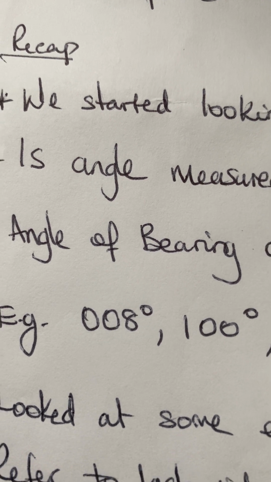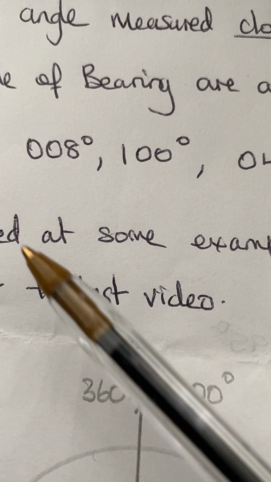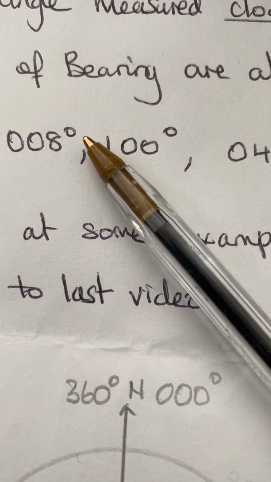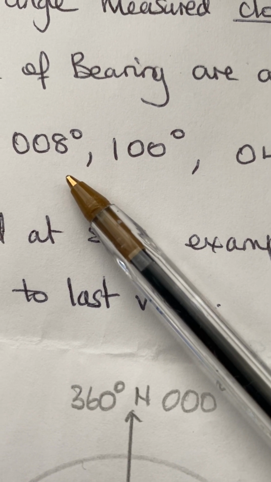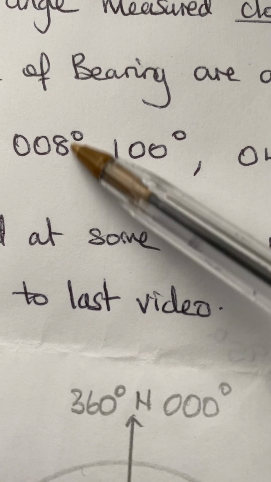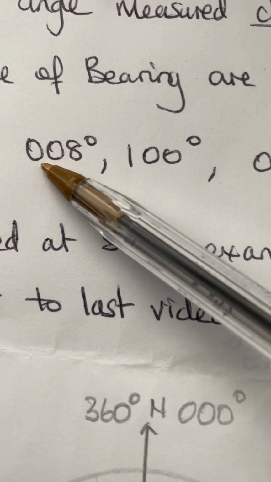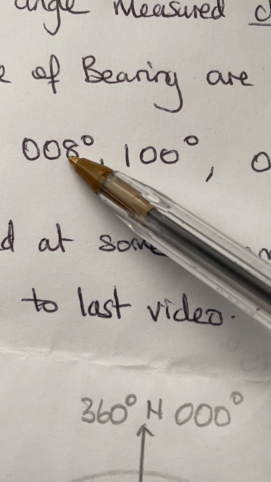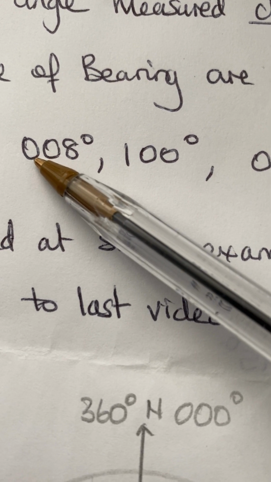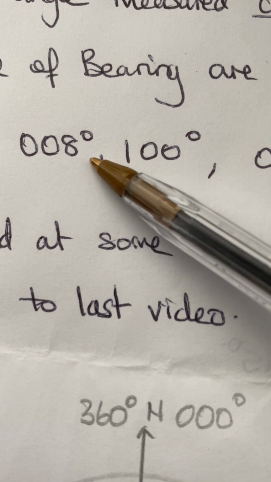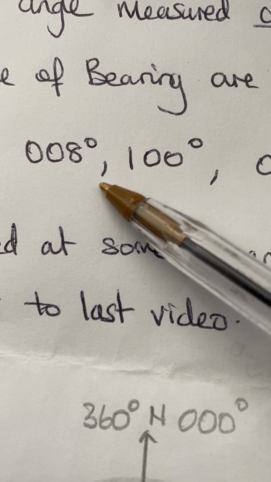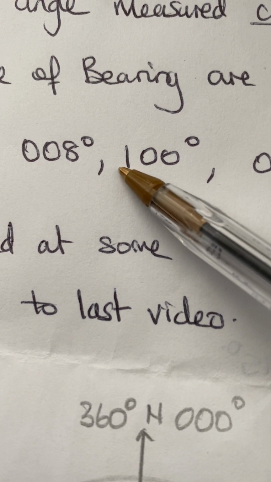For instance, this is 008 degrees. We are talking about bearings. So assuming I said 8 degrees, you know that bearing is supposed to be in 3 figures, so actually it's 008 degrees.